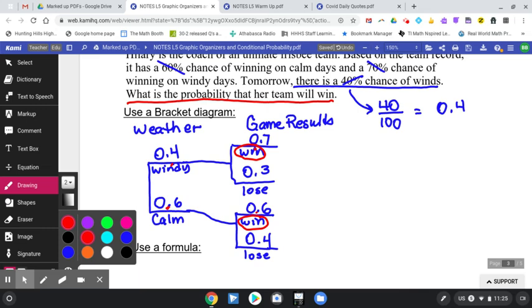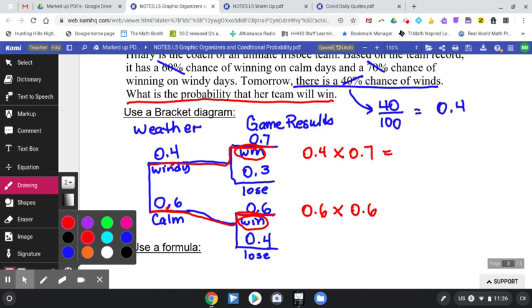Now I'm really emphasizing those connector words that are going in there. So I'm going to start at this bracket and follow it out to the win. So it could be windy and is multiply, they win. This bracket as well, starting here and following out to here. It could be calm and they win.